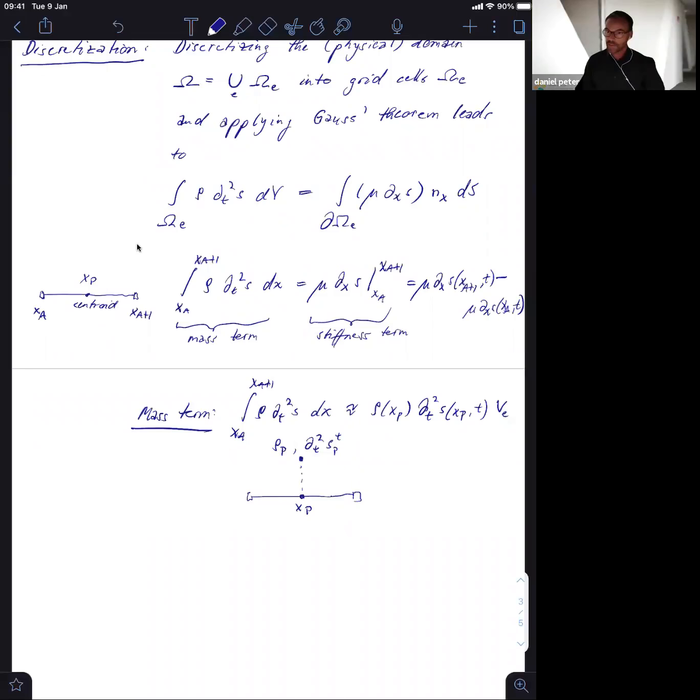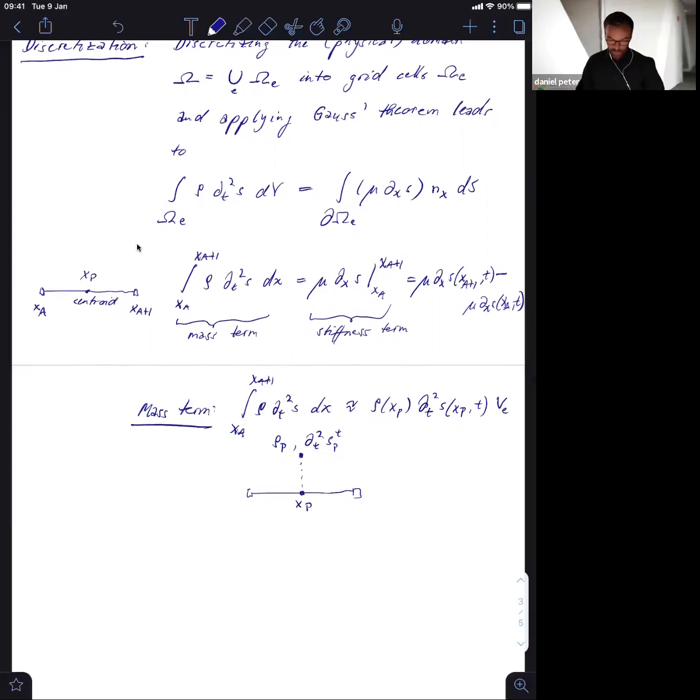Is this clear, this finite volume approximation of the integral? We use now the centroid position values. Good.